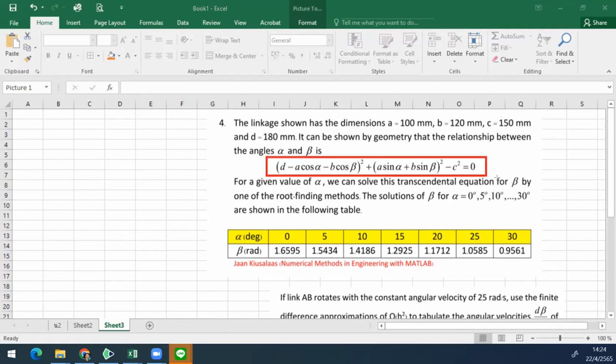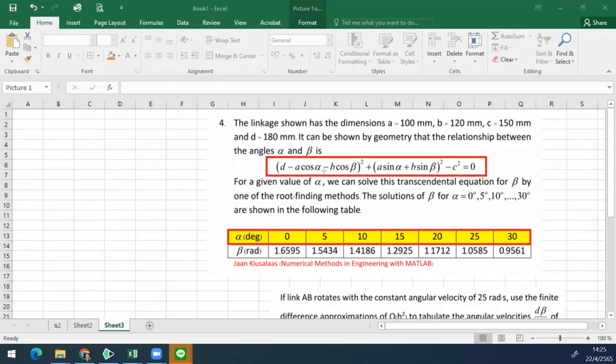Based on this equation, if we know everything, we know A, B, C, D, that is the lengths of the members, and also the angle alpha, if we define angle alpha like this, we can determine the angle beta.